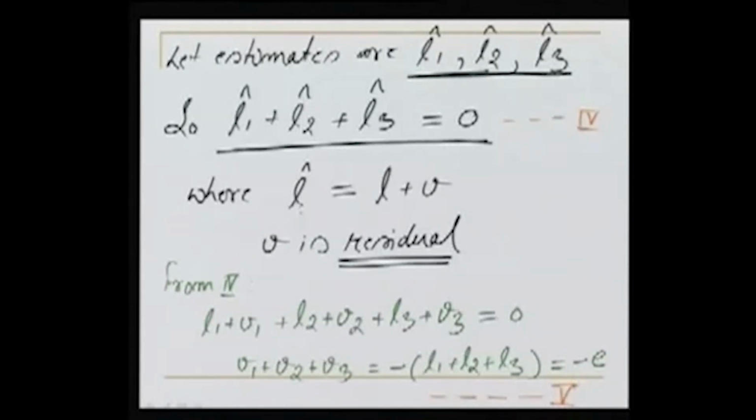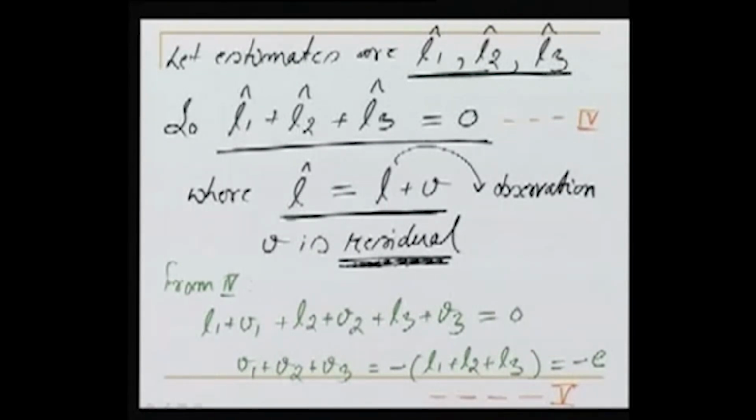Now, we write L hat as L plus V. Here L is the observation, something which we are measuring in the field, and V we call the residual. So if we add the residual to the observation, we get the estimate.